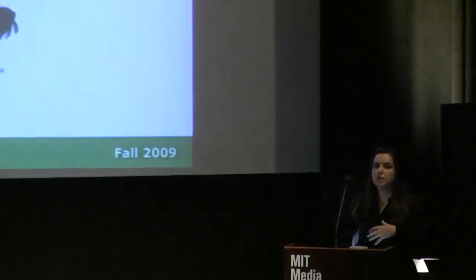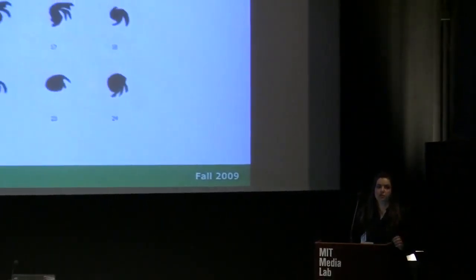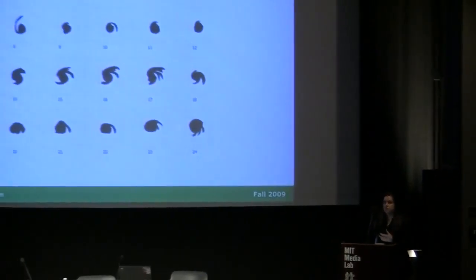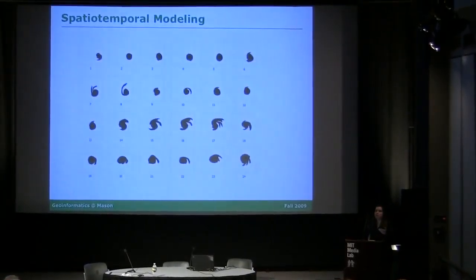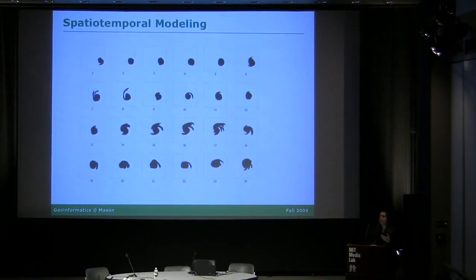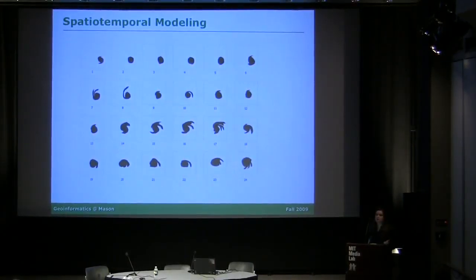Now, starting the discussion on spatiotemporal modeling, what I'm showing you here is the outline of a hurricane as it evolves over time. So these are temporal slices of an event that has a spatial content and also a temporal content which represents its evolution.